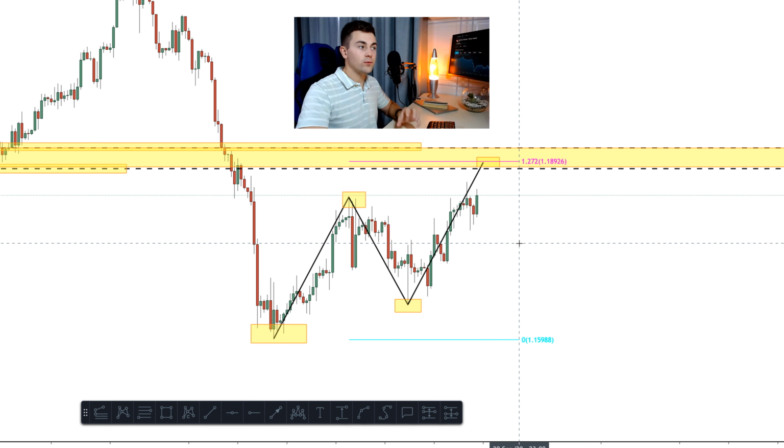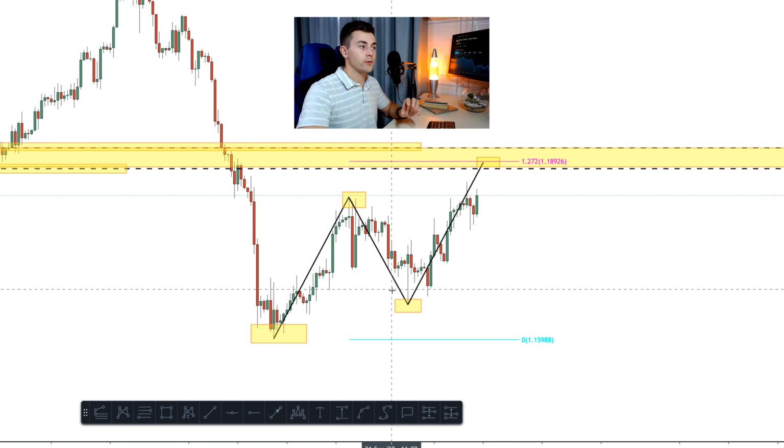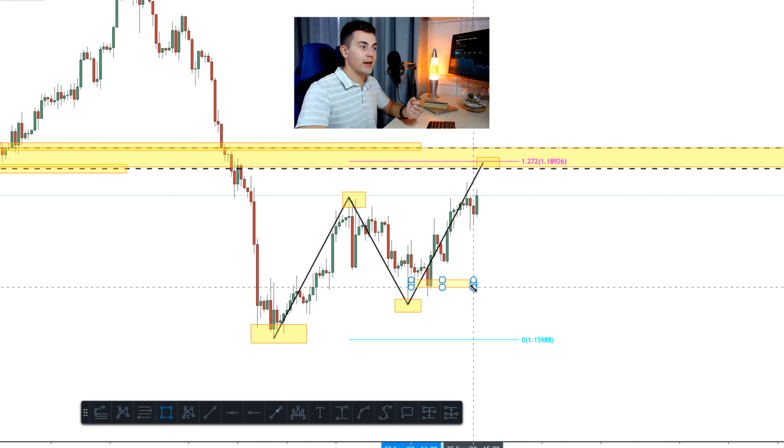First of all, you should measure from where the market exactly started to grow. And what is very important is that we look not for the wick but for the candle closes, where the lowest candle close was and from where the market started to grow.